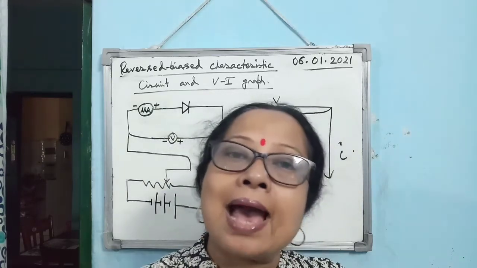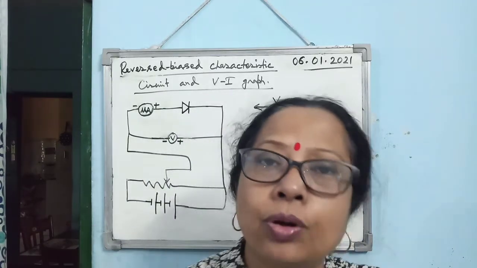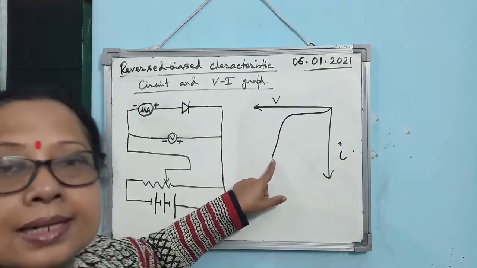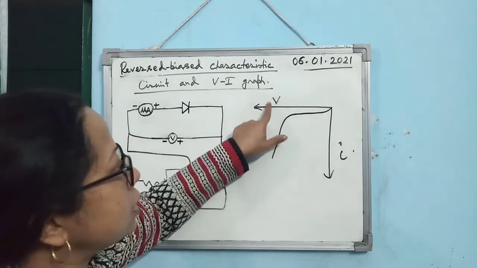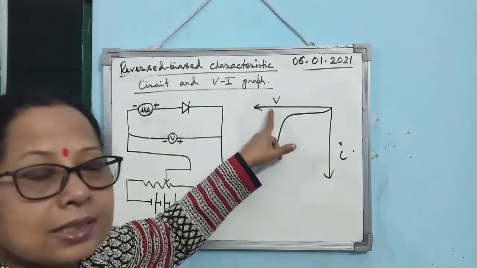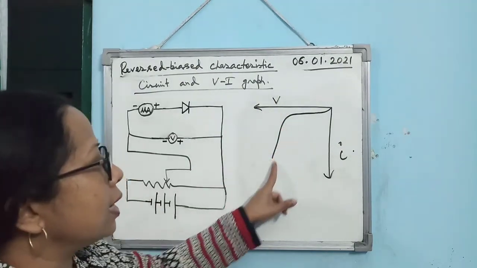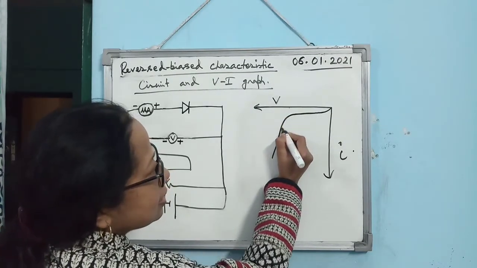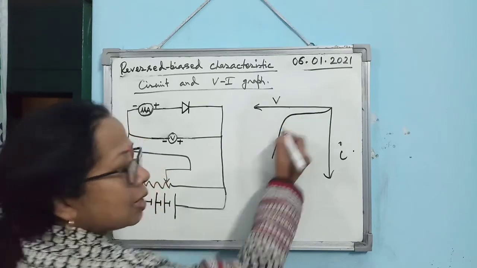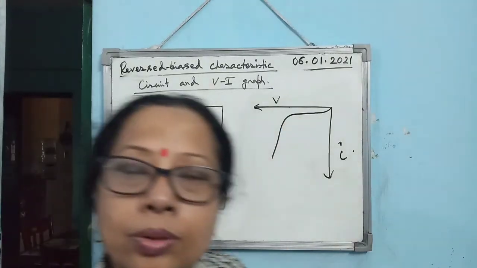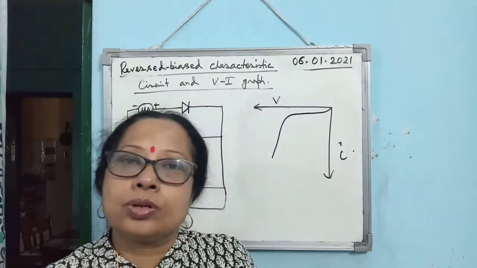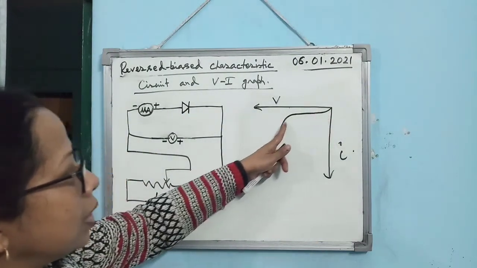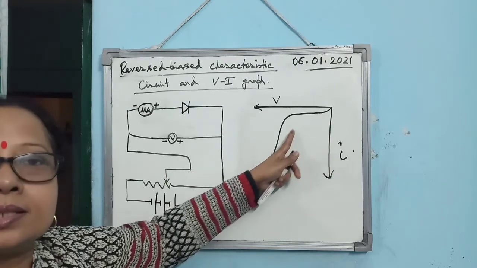As a result, avalanche of electrons start flowing through the external circuit and the current increases suddenly, although potential is not increasing by a large amount, but current increases by large amount. So this is this point here where the current start increasing. This is known as the Zener breakdown. Okay, or the voltage is known as breakdown voltage, and this is the nature of the reverse bias characteristics graph.